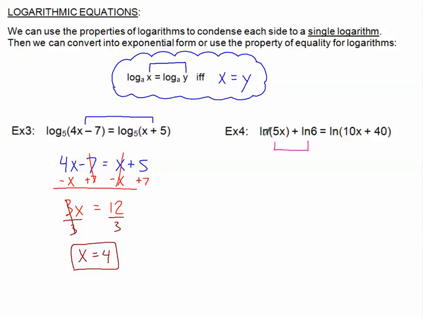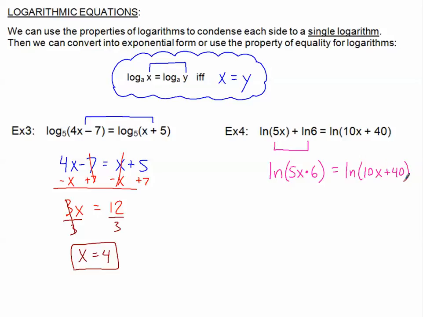Now remember, there's a property that says that if we have 2 logarithms and we're adding them together, we can condense into one by taking this 5x and multiplying it by this 6. This is the product property. If we have the logarithm of a product, we can split it up into 2 separate ones and add the logarithms separately. Or if we have 2 logarithms added up, we can condense them into a single thing by multiplying the numbers.